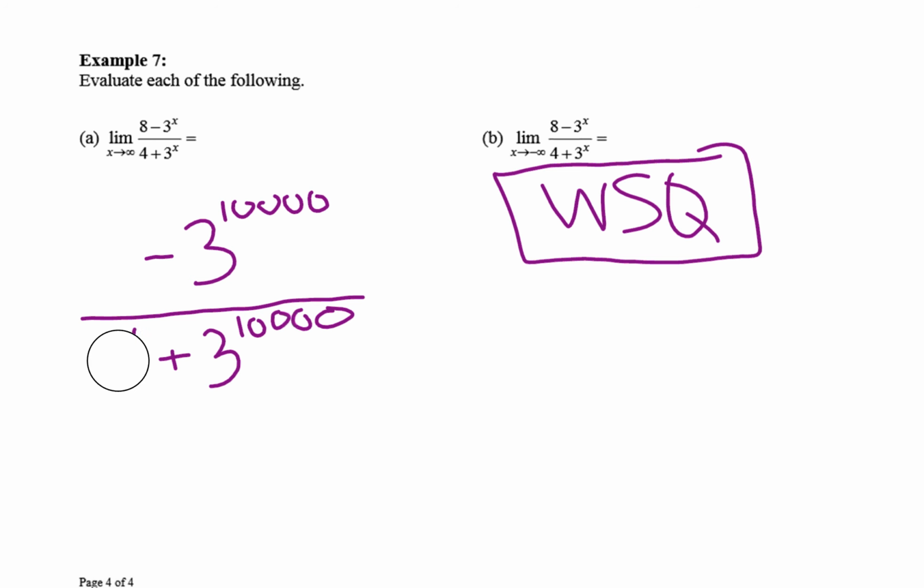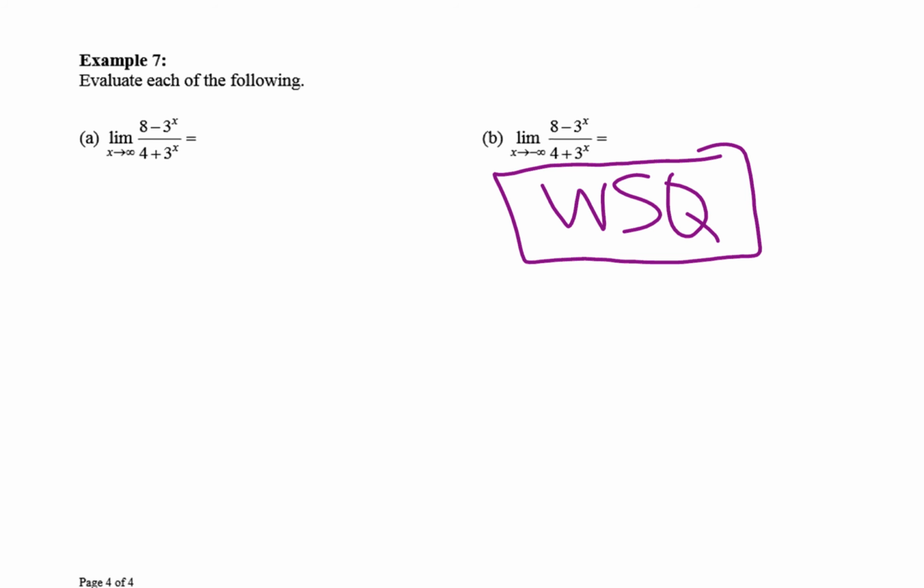And this 4 isn't really going to make a difference either, because we're adding this really, really big number. And notice that the growth rates are the same. So we're going to get negative this number over positive this number. That ends up giving us a ratio of negative 1 over 1, or just negative 1.